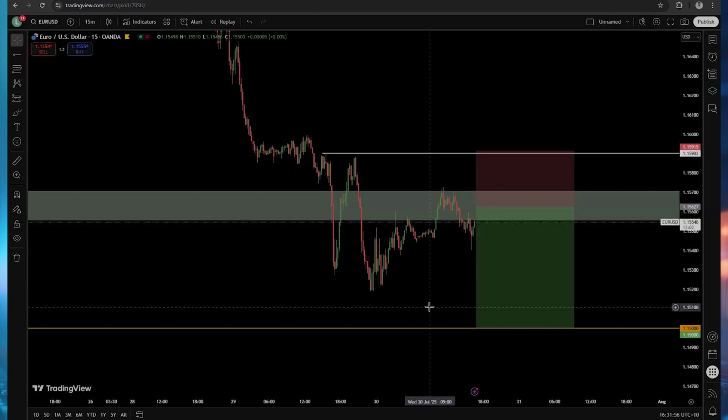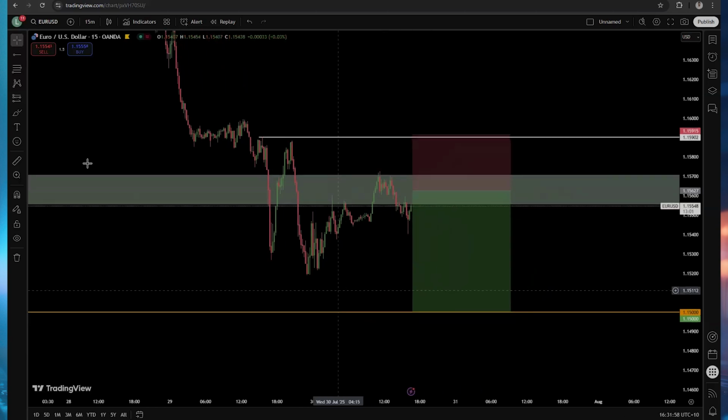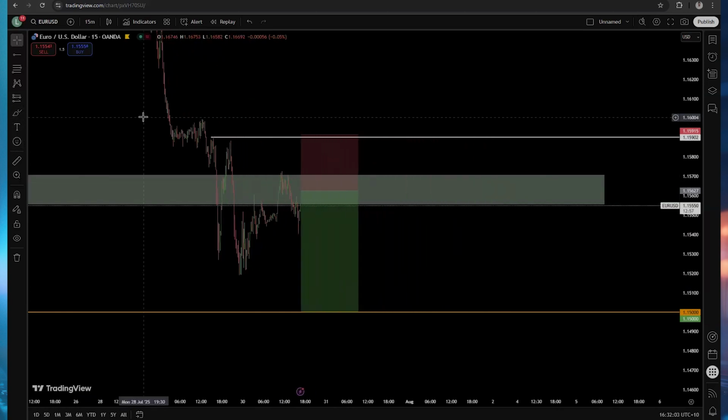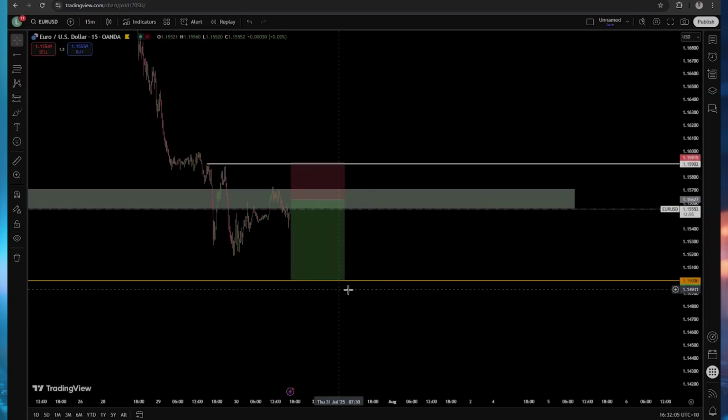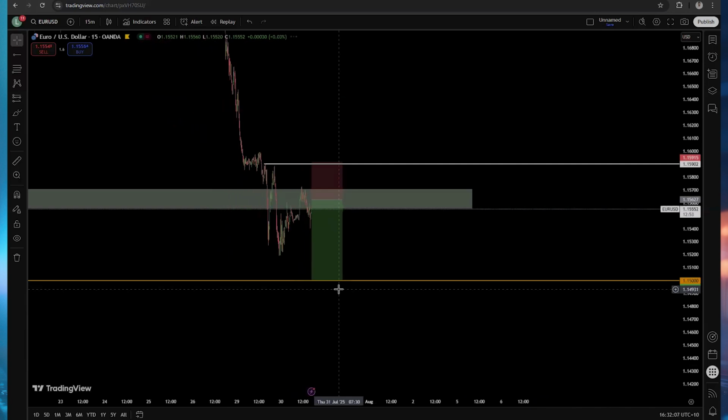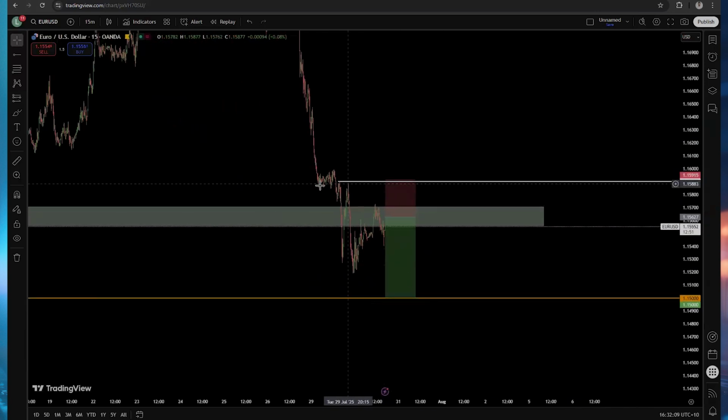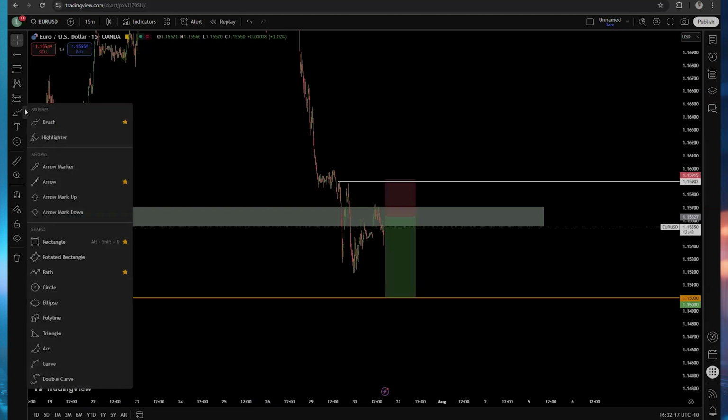Cool. So now the second position is if we get stopped out. There's most likely a reason for that, and the reason is the price will come and chase this area. Why?